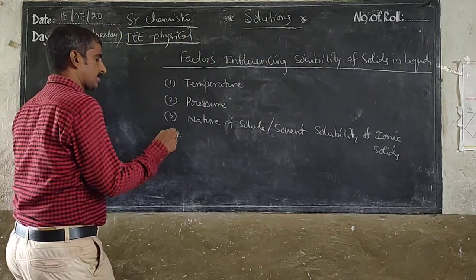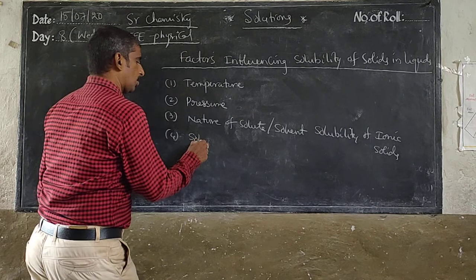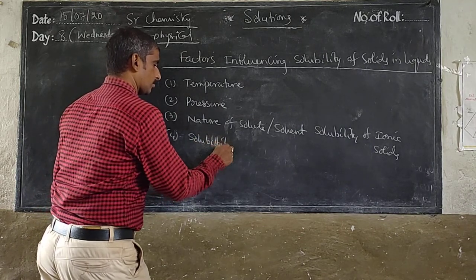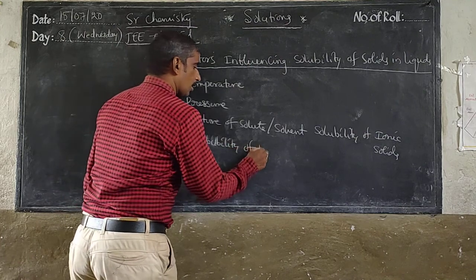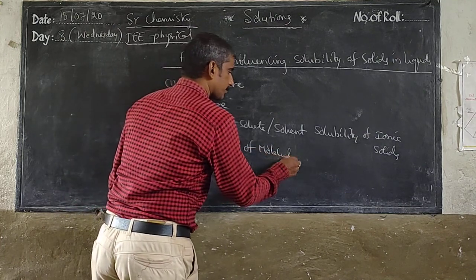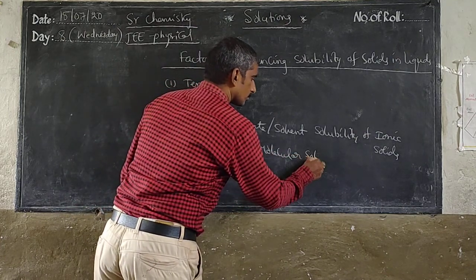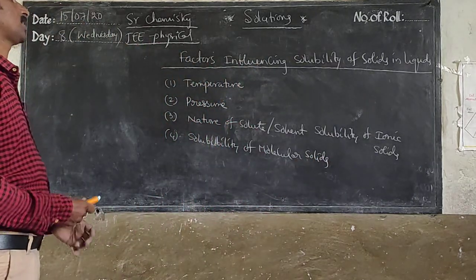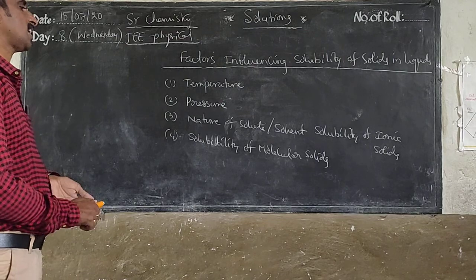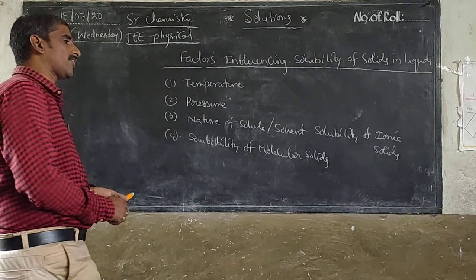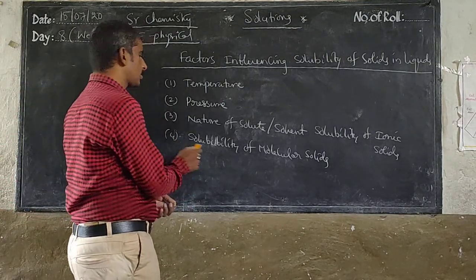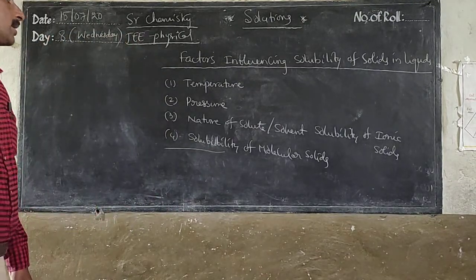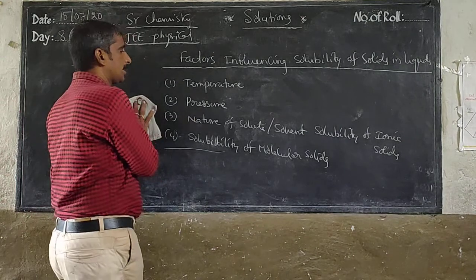And the fourth one is solubility of molecular solids. Temperature, pressure, nature of solute and solvent, solubility of ionic solids, and solubility of molecular solids. First I will explain temperature.